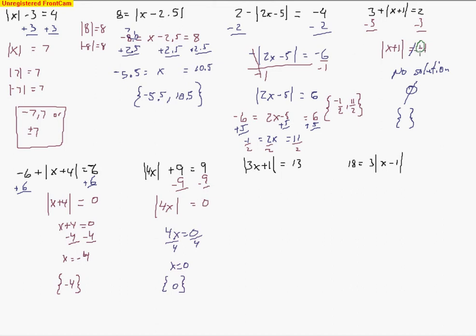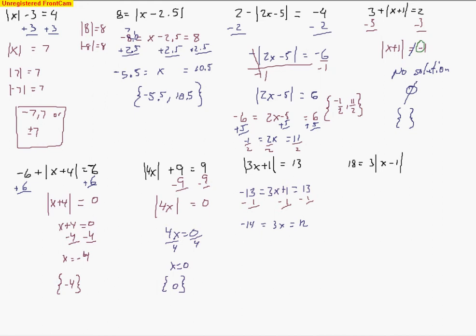Well, here's a typical type of absolute value equation problem I would see. And so here we already have the absolute value isolated. So we're going to take that 3x plus 1, set it equal to 13, but also set it equal to negative 13. So when we go ahead and solve this, we're going to subtract the 1 from all sides. And so notice that when I have the two negatives, I end up adding those two numbers to get negative 14 equals the 3x, which also equals 12.